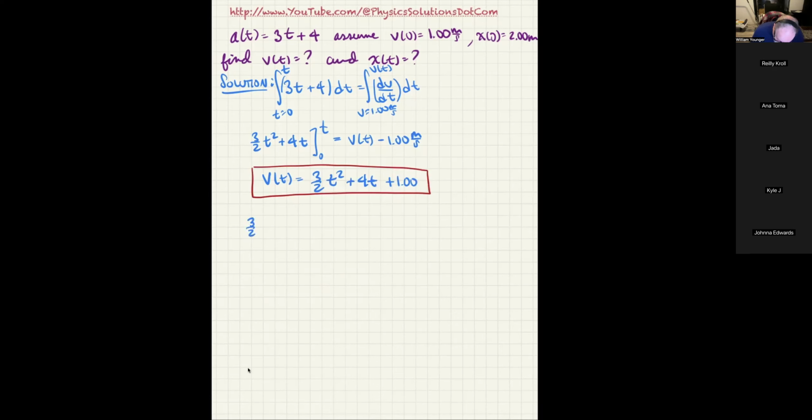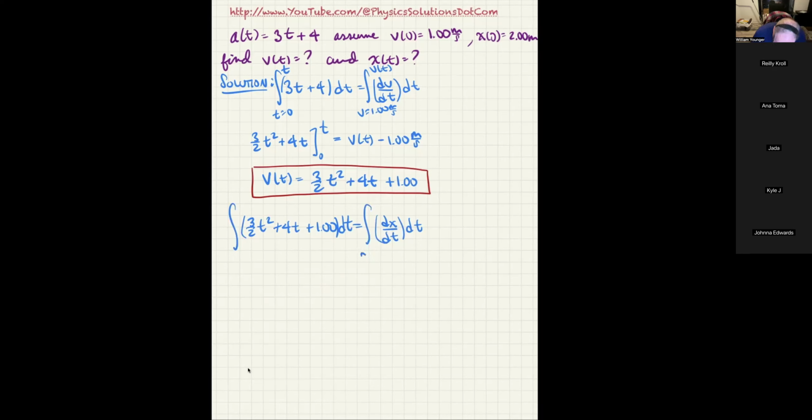So 3 halves t squared plus 4t plus 1.00 is equal to dx dt. So I'm going to again multiply by dt, and of course, I have to do that to both sides. But now I'm going to integrate, and I'm going to integrate from t equals 0 to t, or excuse me, I put those ranges of integration on the wrong part because that's actually an integral in position.